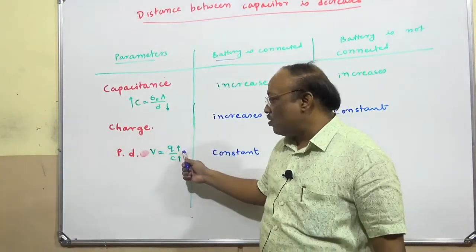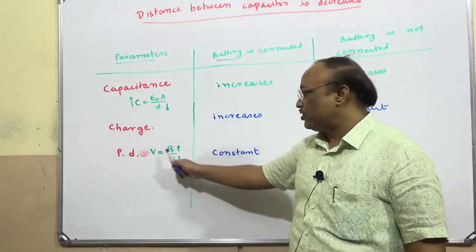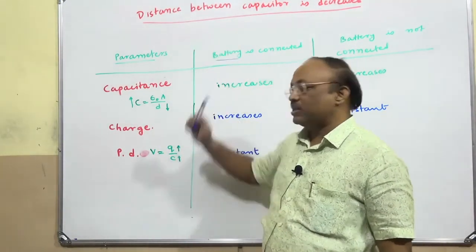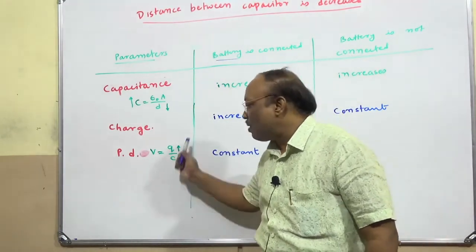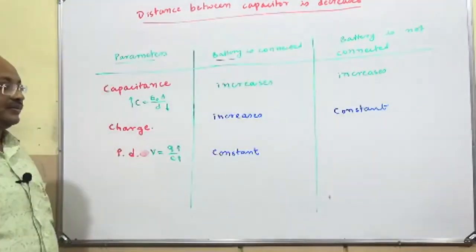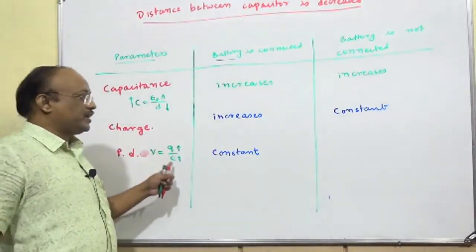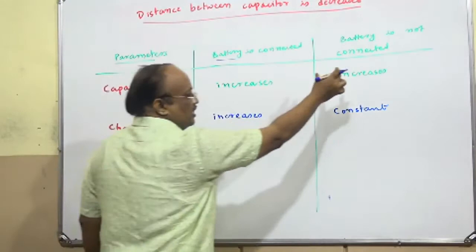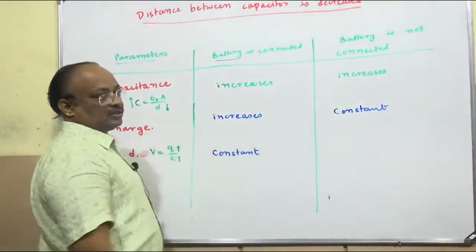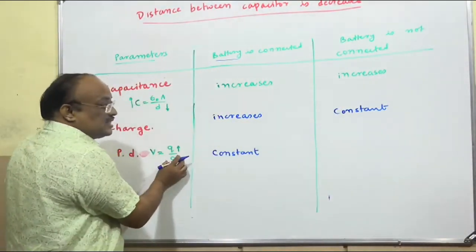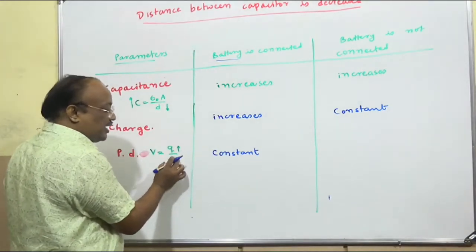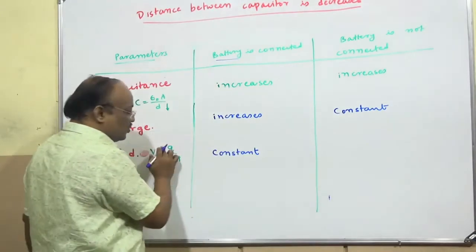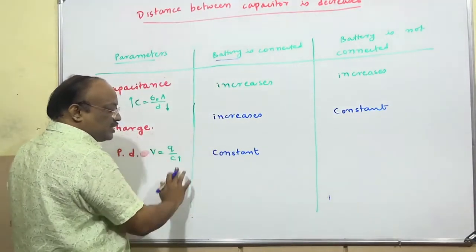Getting it now? By what amount charge is increasing, which is directly proportional to potential, by the same amount capacitance increases. V is Q by C. So Q remains constant, whereas C is increasing. If I write, Q remains constant, C is increasing.